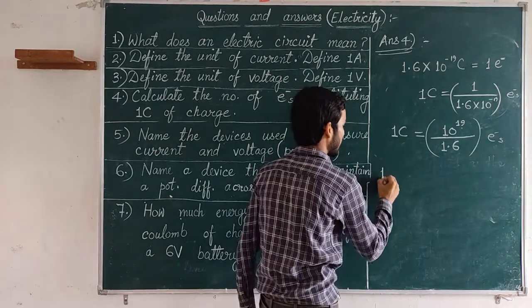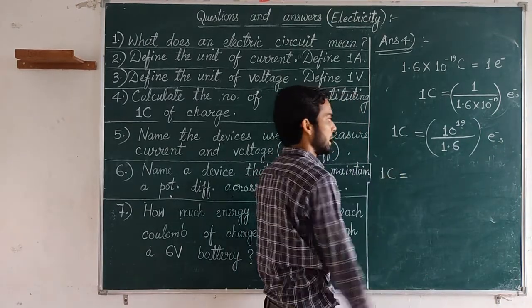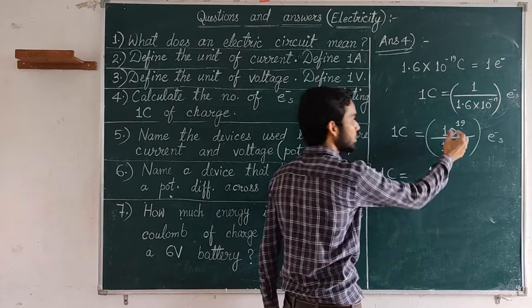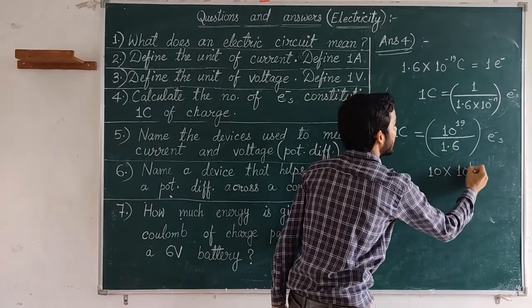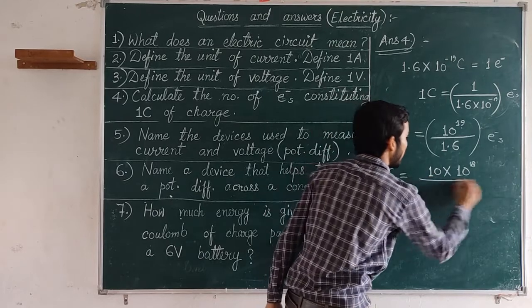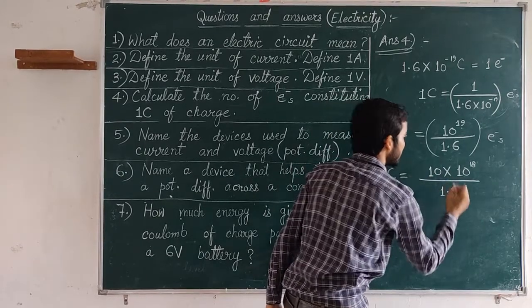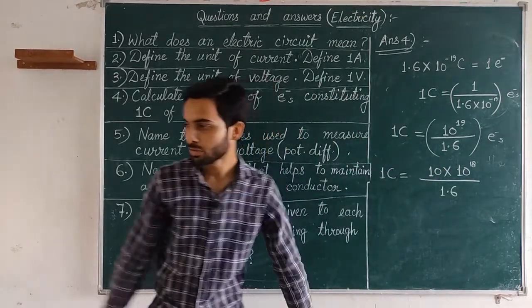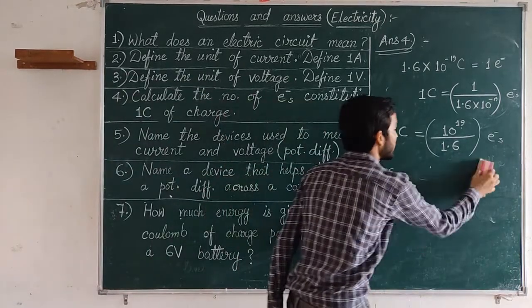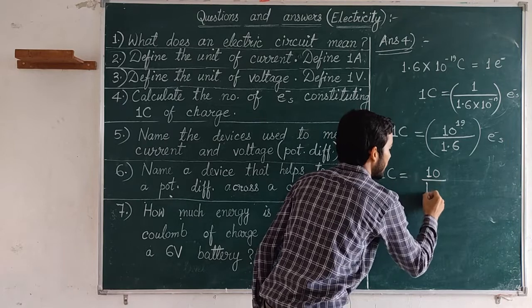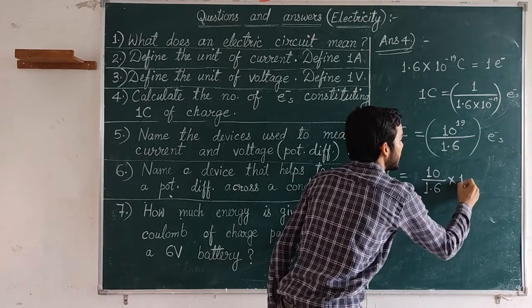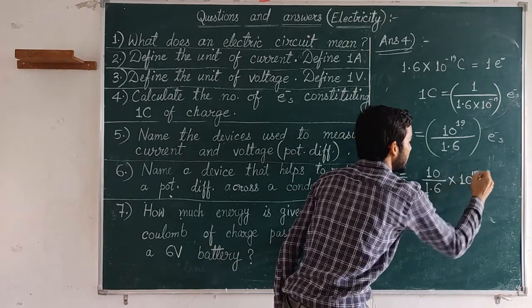So 1 coulomb is equal to, I am breaking this 10 to power 19 into 10 into 10 to power 18 upon 1.6, or you can also write it as 10 upon 1.6 into 10 to power 18.